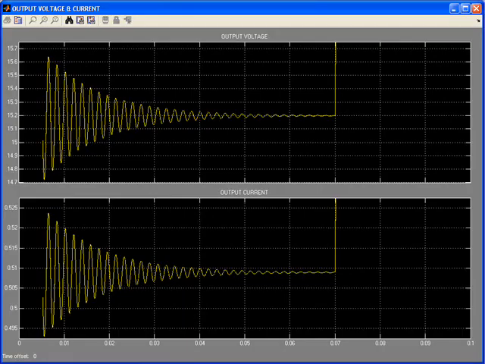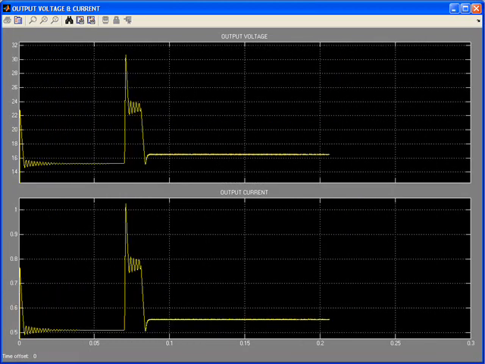This is the output voltage and output current waveform before 0.07 seconds, and this is after the time reaches the step at 0.07 seconds. The output voltage is the same as the above simulation, about 16 volts, and the output current is also the same, 0.56 amperes.